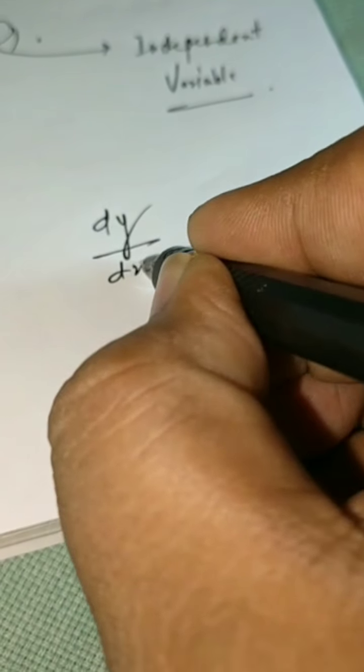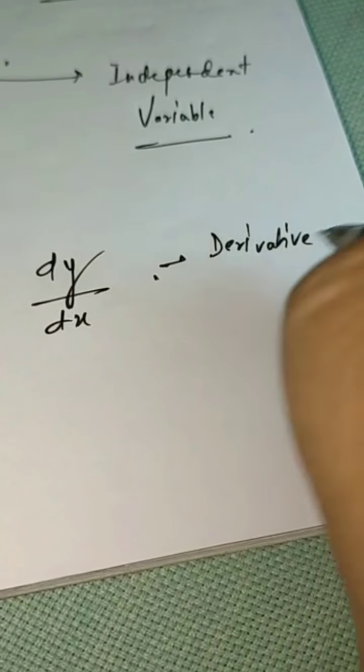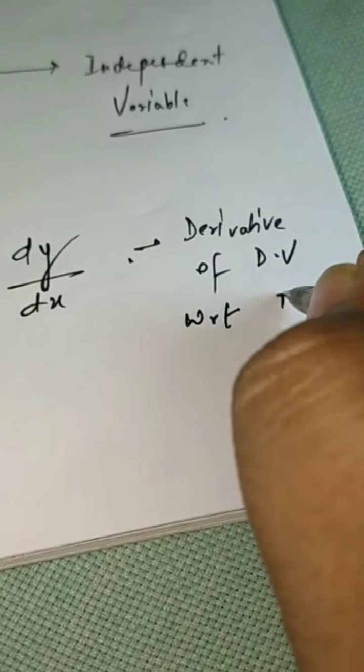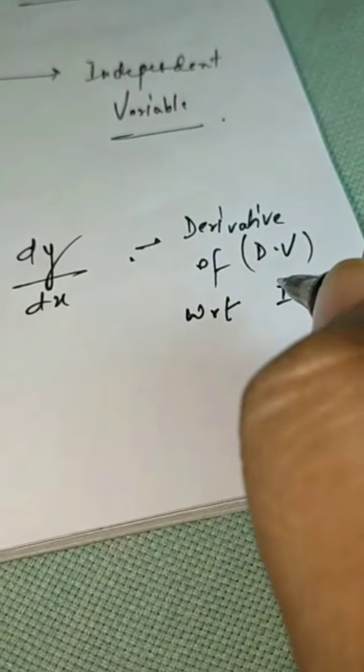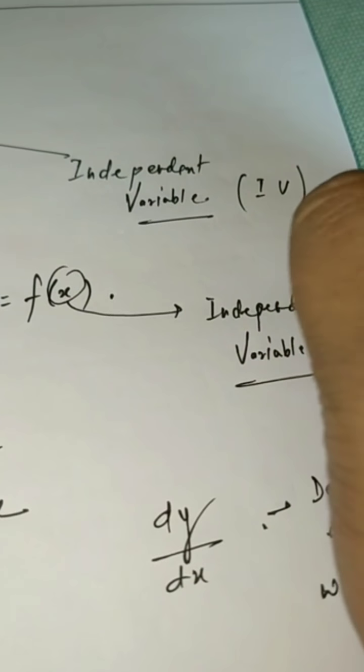Whenever we are finding dy by dx, it implies we always calculate the derivative of the dependent variable with respect to the independent variable.